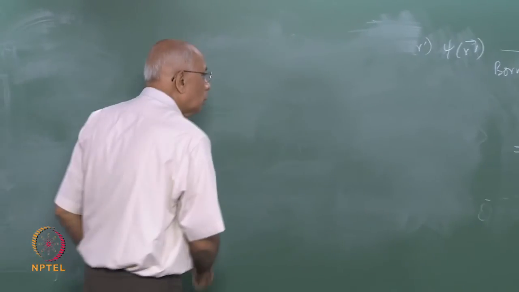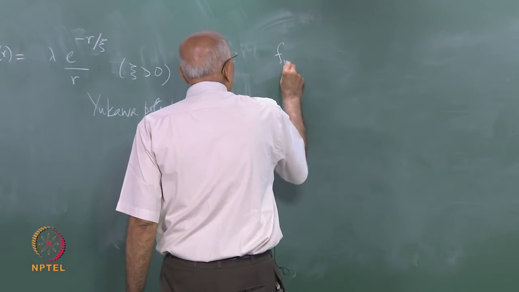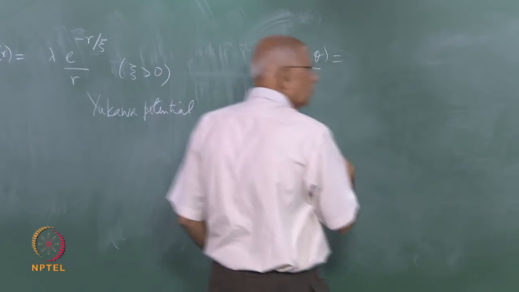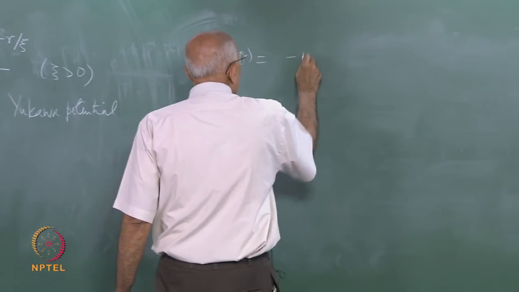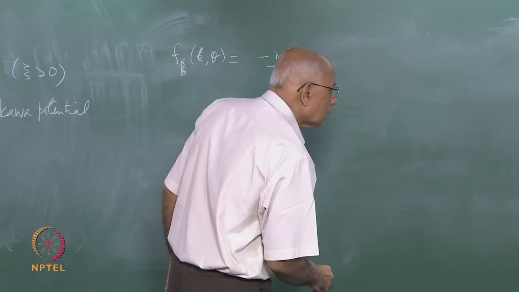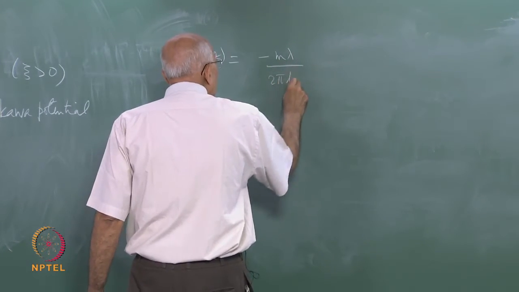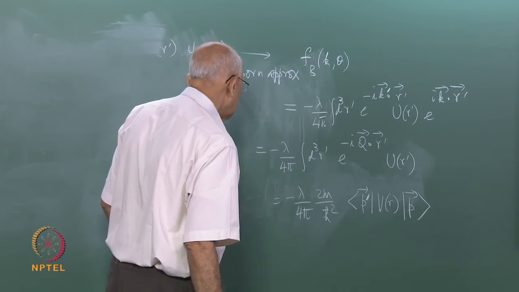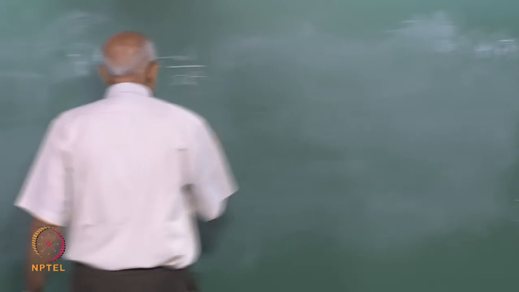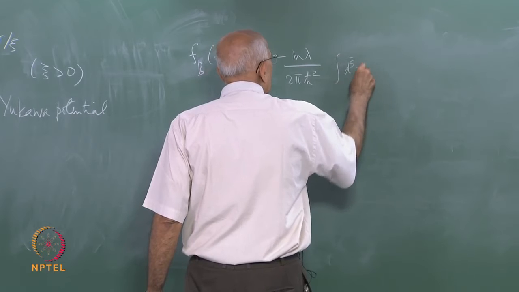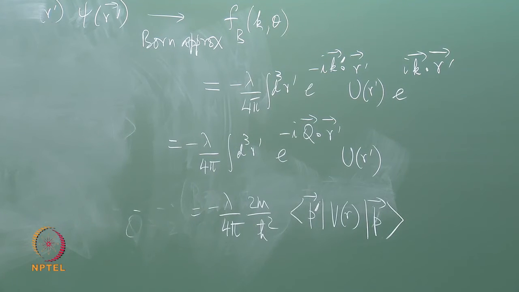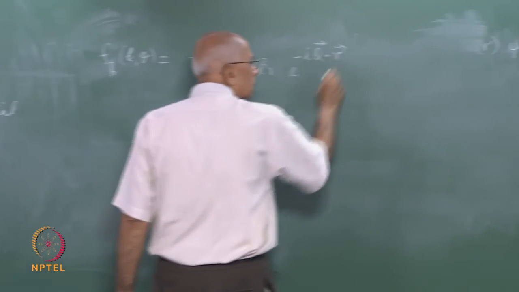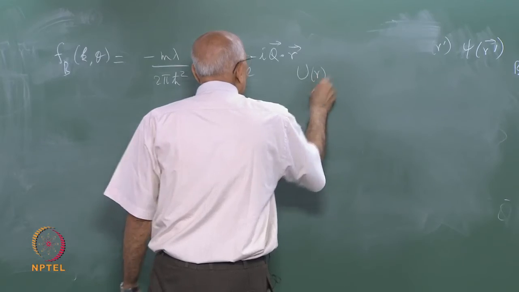So let us see if we can do some of this integration. f Born of k comma theta is equal to minus m lambda over 2 pi h cross squared, and then this integral, integral d3 r, e to the minus i q dot r, u of r, v of r.